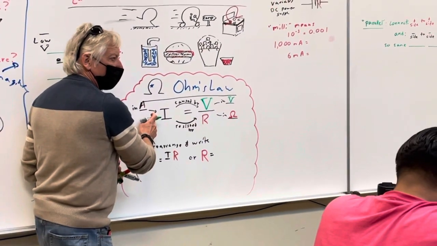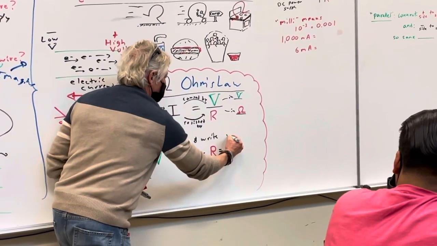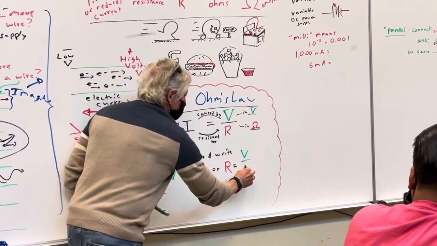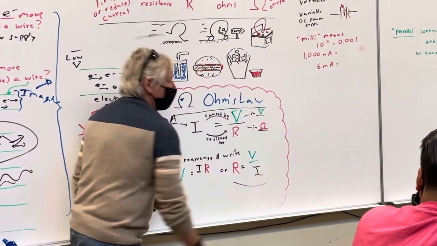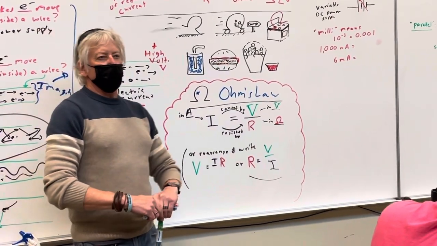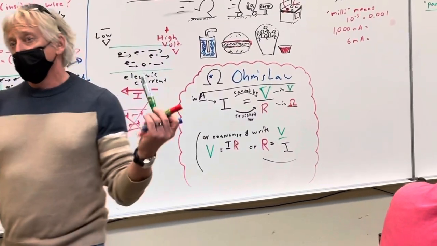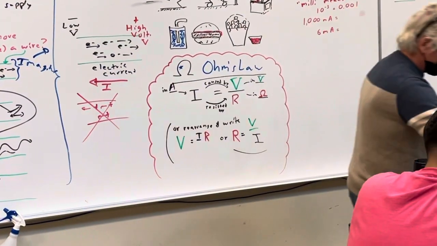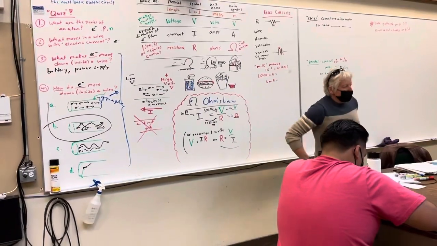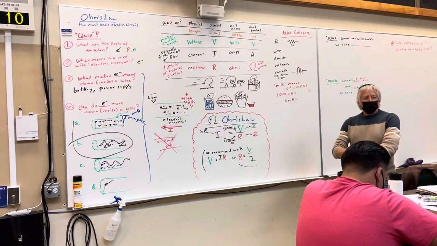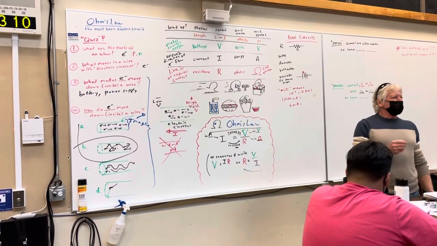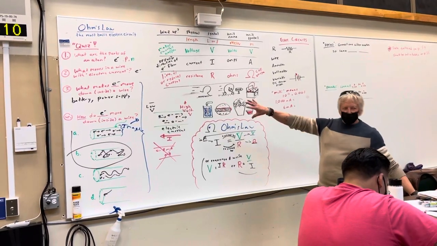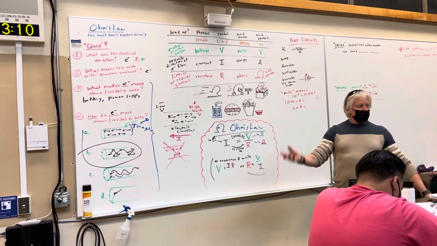V divided by I. That's the one you're going to use. You're going to measure V, measure I, calculate R. That's it. It's pretty straightforward, but it's like you're not even thinking about it unless you just have some sense of, like, making electrons go, woo.